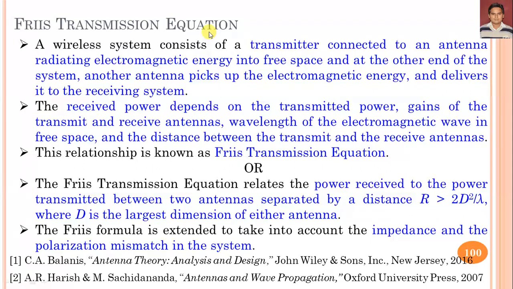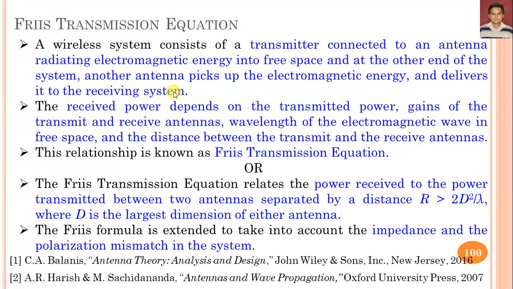Friis transmission equation. A wireless system consists of a transmitter connected to an antenna radiating electromagnetic energy into free space, and at the other end of the system another antenna picks up the electromagnetic energy and delivers it to the receiving system. So we can say this is a basic wireless communication system in which the important component is the antenna, through which we can transmit electromagnetic energy into free space and vice versa.